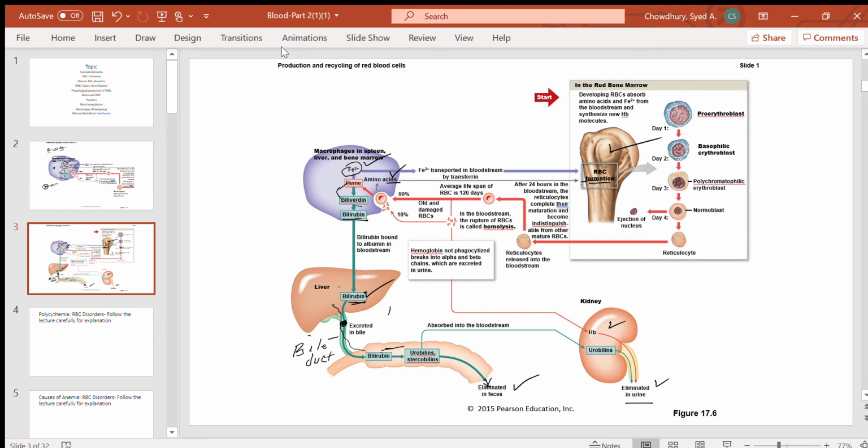So if the bilirubin cannot get out, is blocked, then its concentration in your body will go up, and that will cause the yellowish coloration of the skin and the mucous membrane, and that is the jaundice. There are different types of jaundice. Since this is due to the obstruction of the bile duct, this is called the obstructive type jaundice.